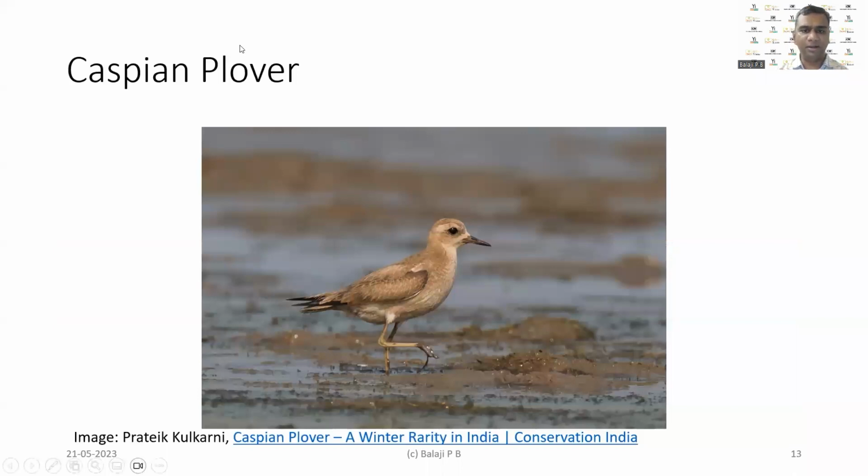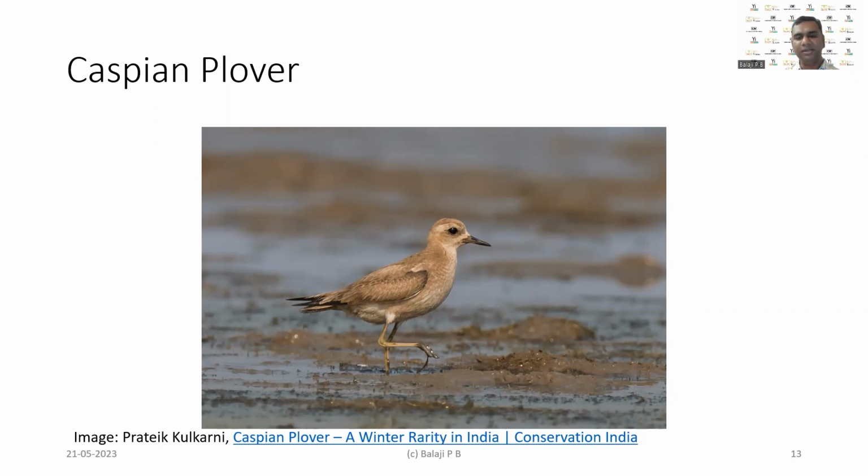Another very rare bird which is seen in our shorelines is the Caspian plover. The main thing is that it has a very slim, long beak when compared to the rest of the plovers.